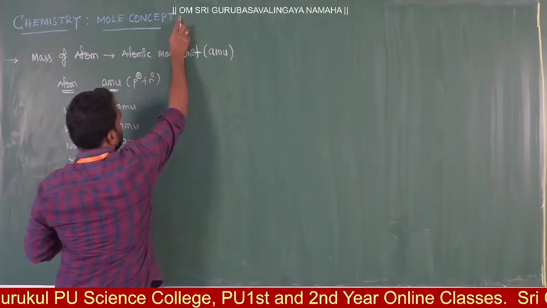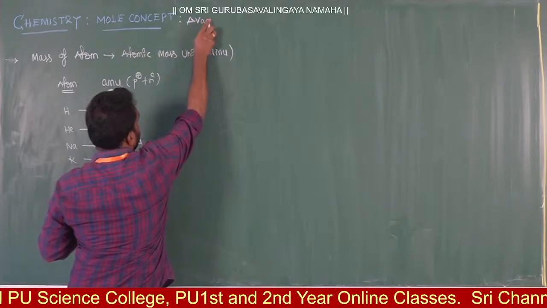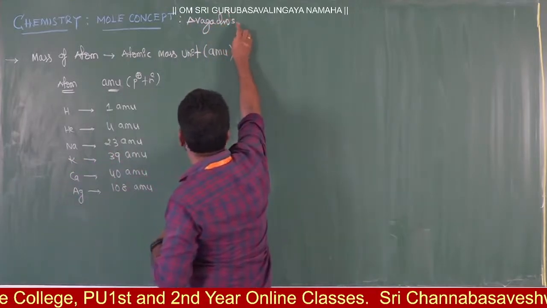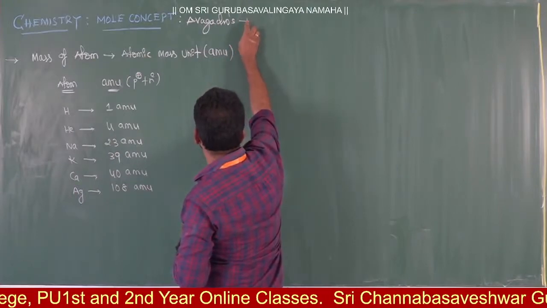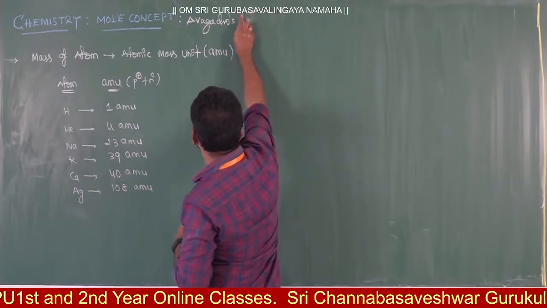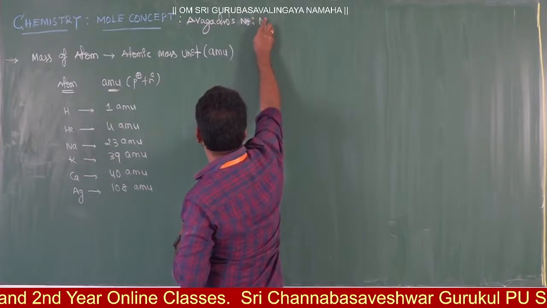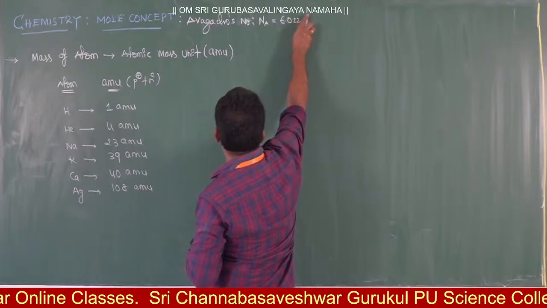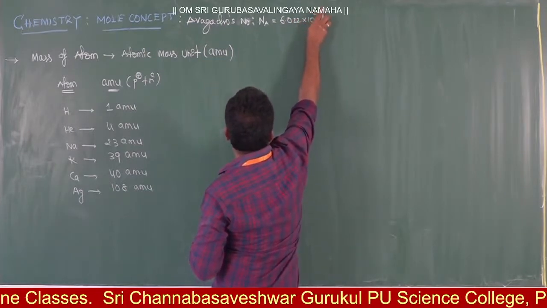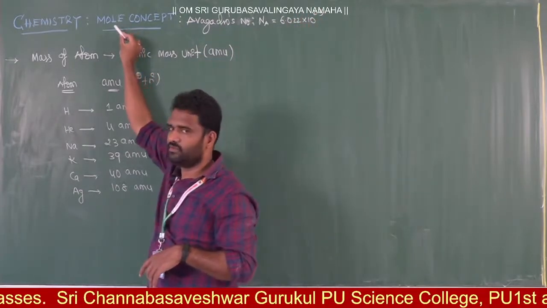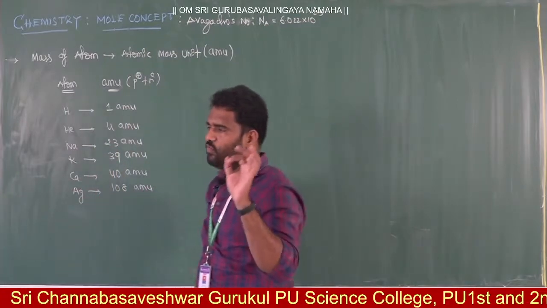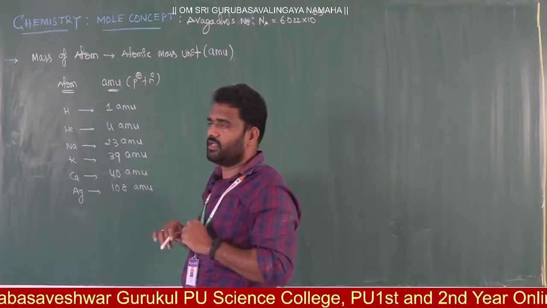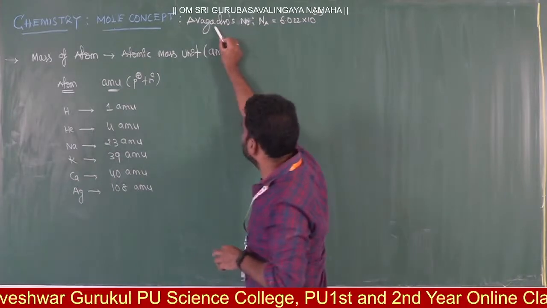The mole concept was proposed by the scientist Avogadro, and according to Avogadro there is an Avogadro number, Na, whose value is equal to 6.022 into 10 power 23. Whenever we talk about 1 mole of a substance, it means there are Avogadro number of particles in it.